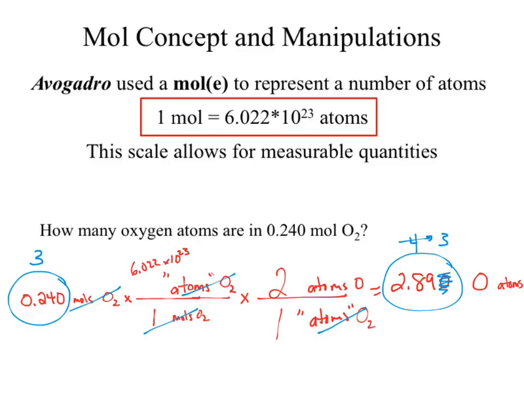Okay. So my question, I said atoms of O2. Does that statement even make sense? No. An atom, by definition, is a single atom. Okay, so it shouldn't be written as atoms of O2. What should it be written as? It should be written as molecules.